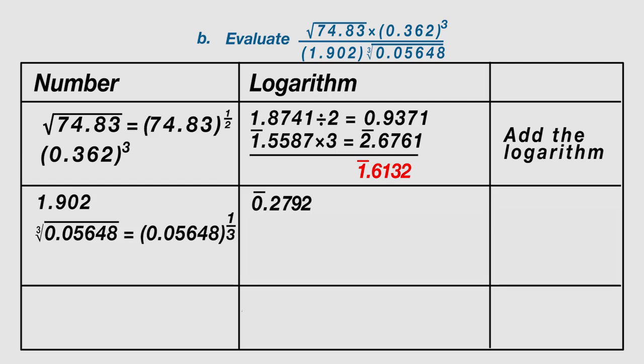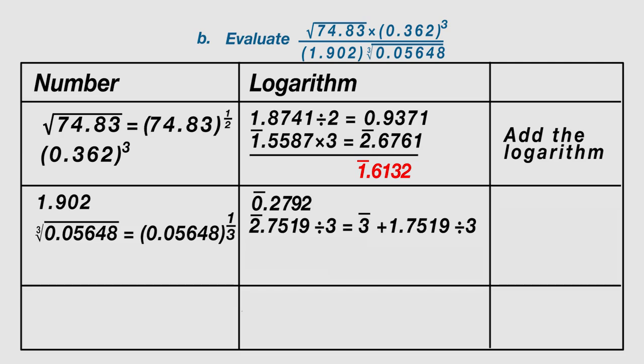The next number is the cube root of 0.05648. Now we read the log of the number and we'll have to divide by 3. Now the log of that number is 2.7519. So we have to divide that by 3. Now to divide that by 3, we'll have to rewrite the whole thing as negative 3 plus 1.7521 before we divide by 3.